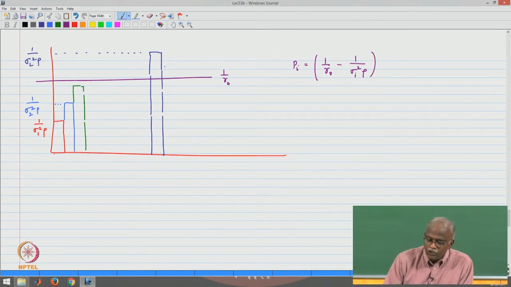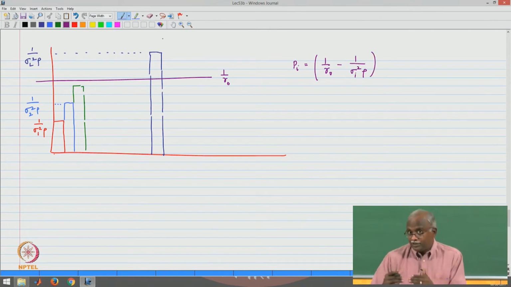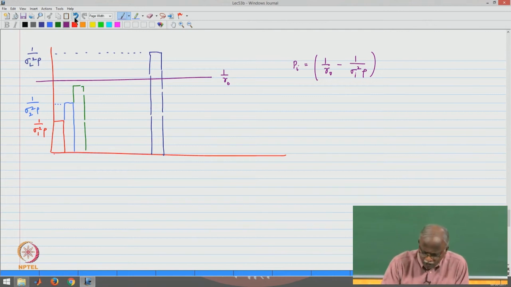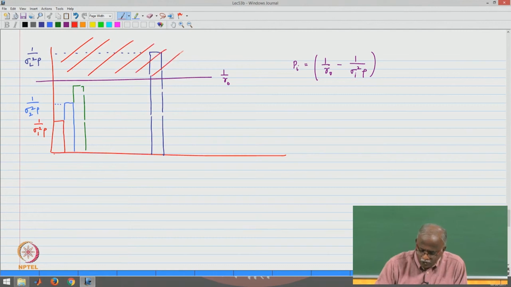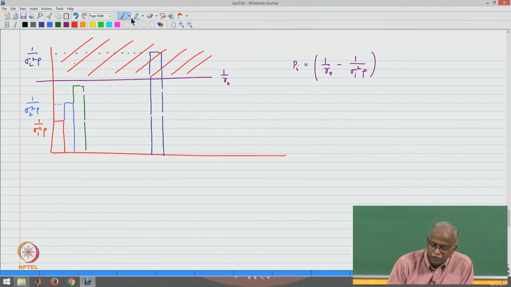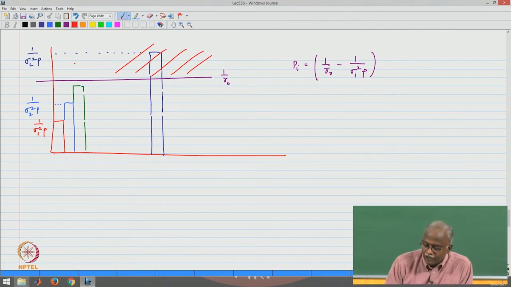So, those channels which exceed this 1 by gamma naught threshold, those in this region, will not get any power allocation. So, no power is allotted to these once you have crossed the threshold.